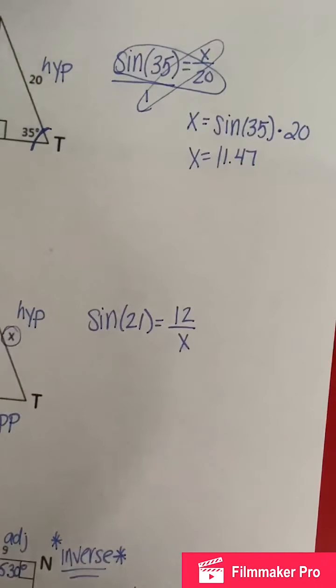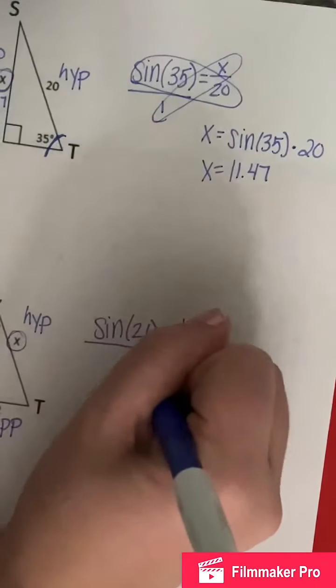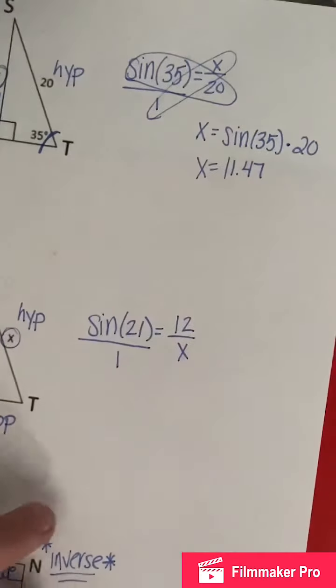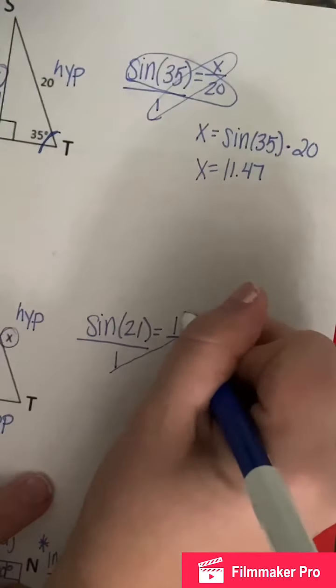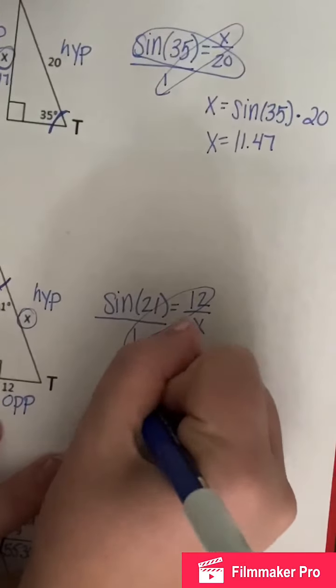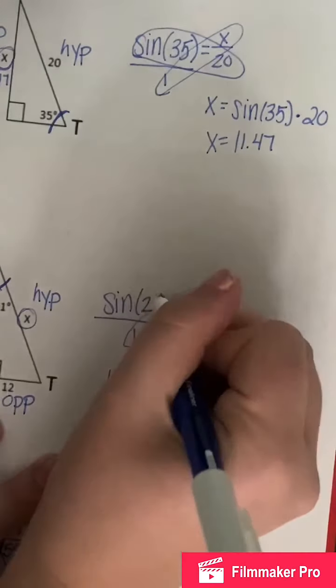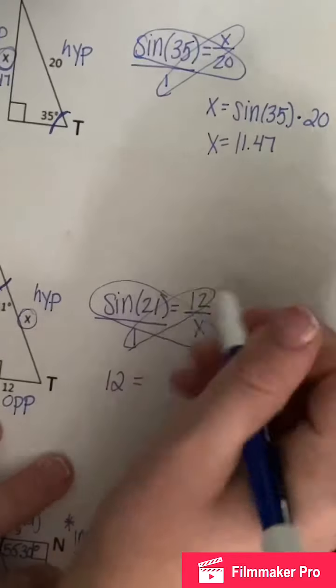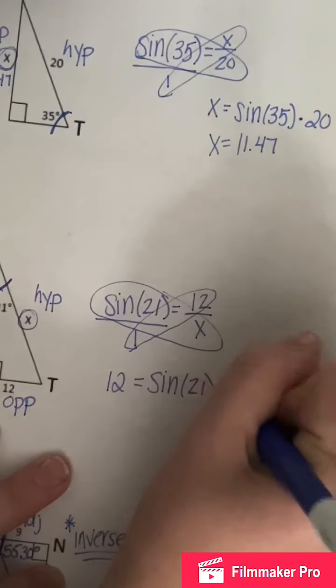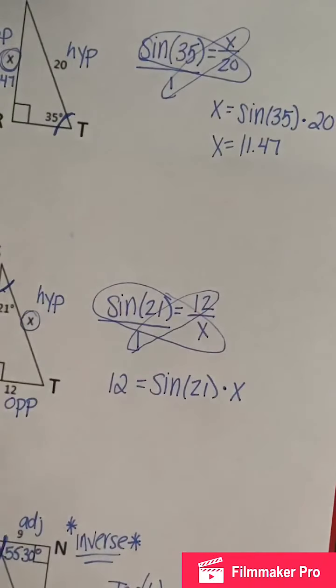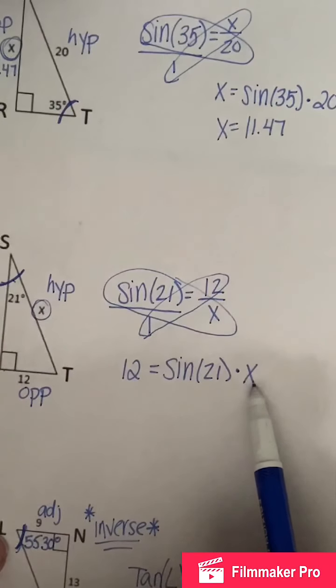All right, and then to solve for x, we need to cross multiply. So I have to put this over 1 to make it a fraction. And then we multiply. 12 times 1 is 12 equals sine of 21 times x. Now, in this case, we don't have x alone.